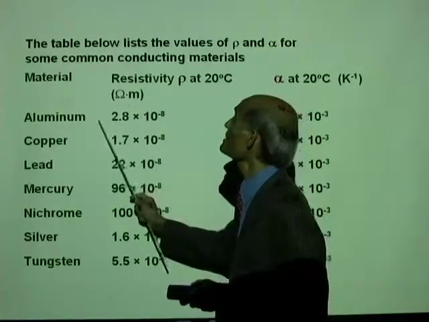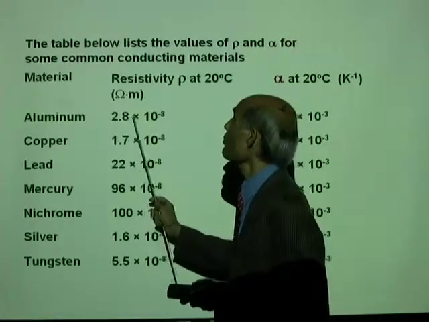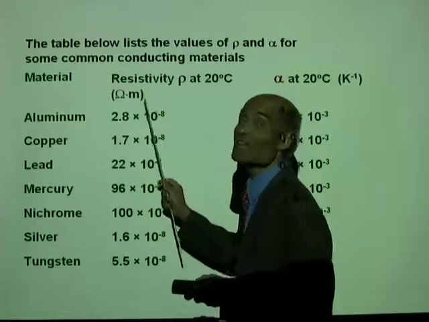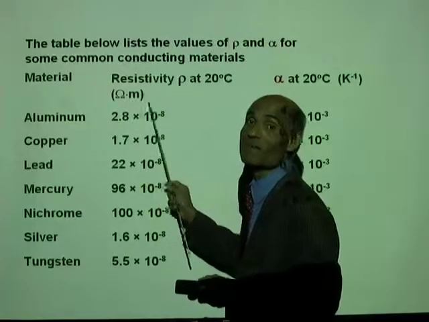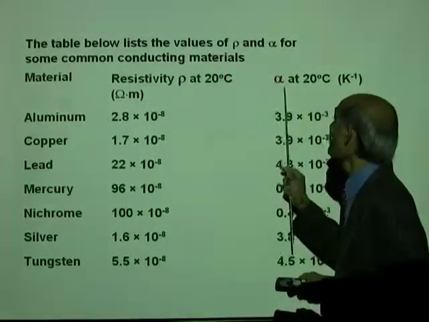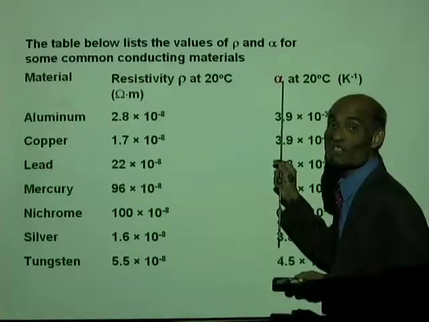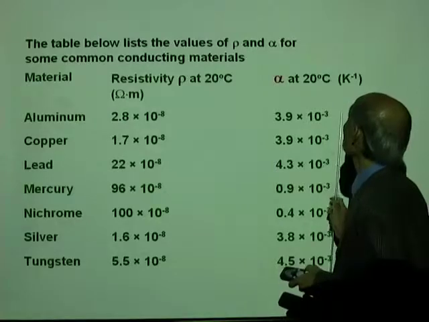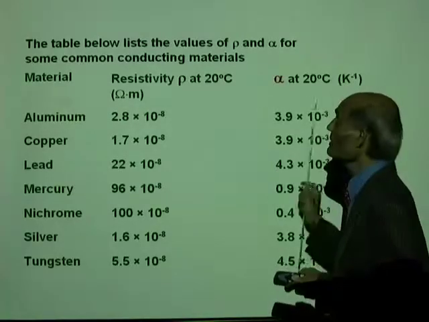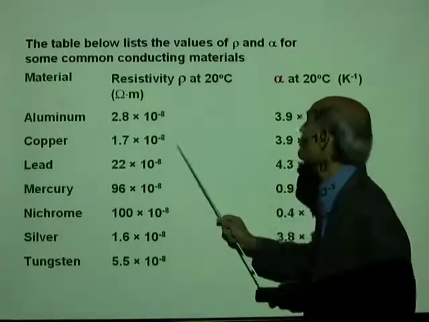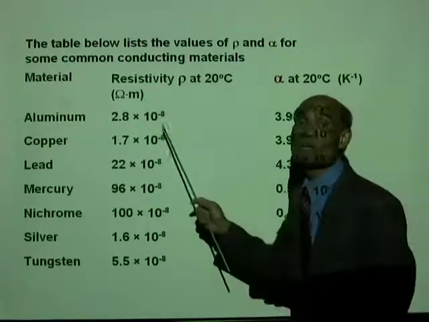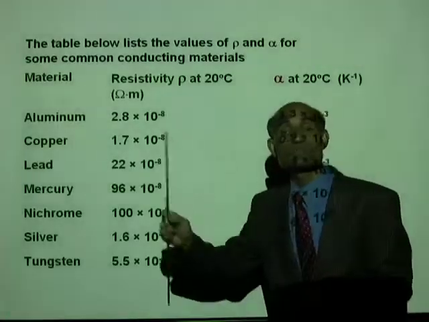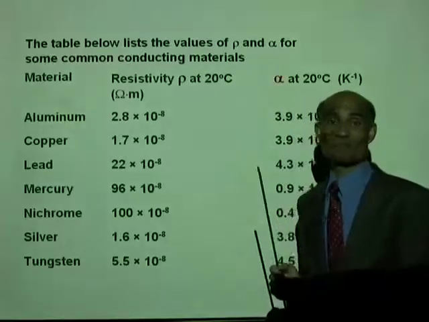The resistivity of aluminum is 2.8 times 10 to the negative 8 ohm meter, and its temperature coefficient of resistance is 3.9 times 10 to the negative 3 per Kelvin. And similarly for copper. We may need it when we want to use them for problem solving.